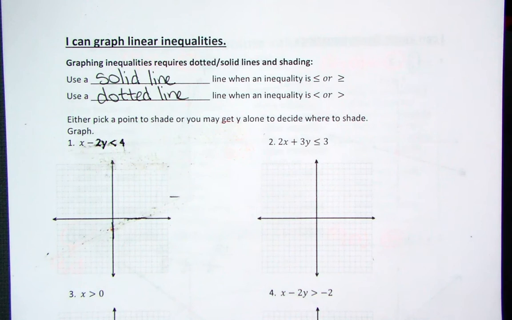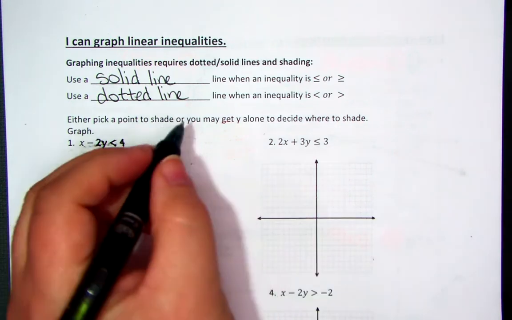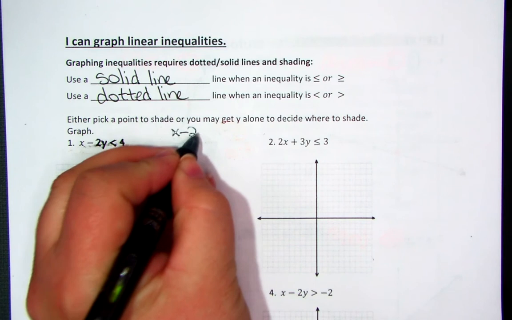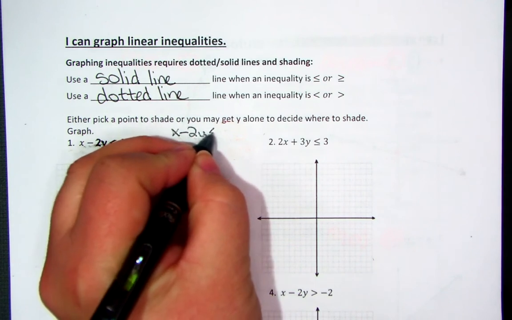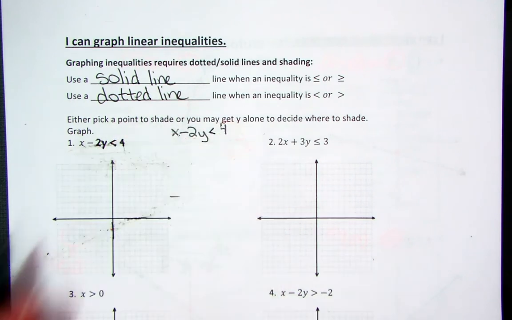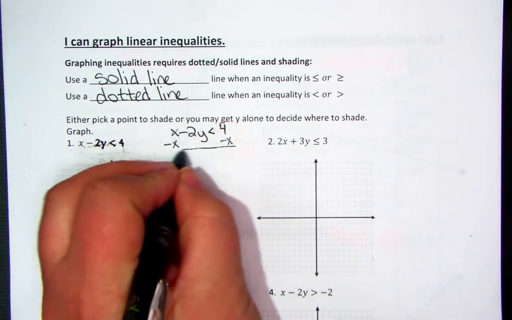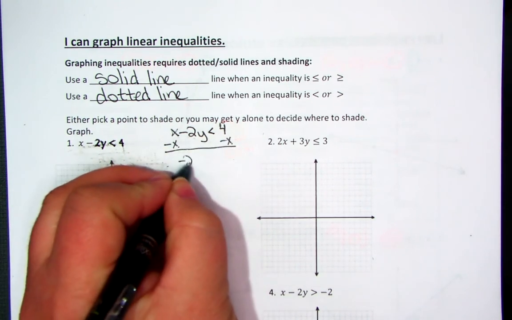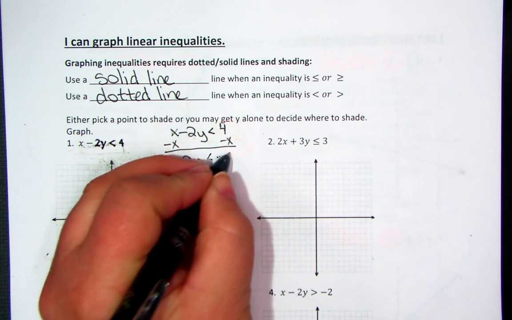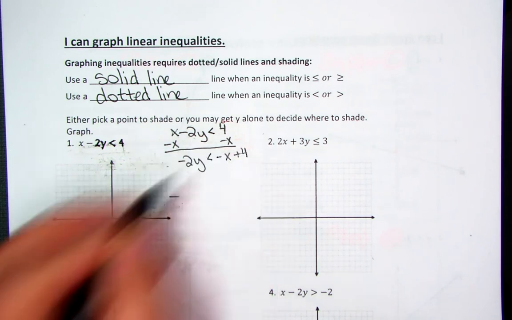For the first problem, we need to be able to get Y alone before we can graph. So I have X minus 2Y is less than 4. We're going to subtract X from both sides. Negative 2Y is less than negative X plus 4.